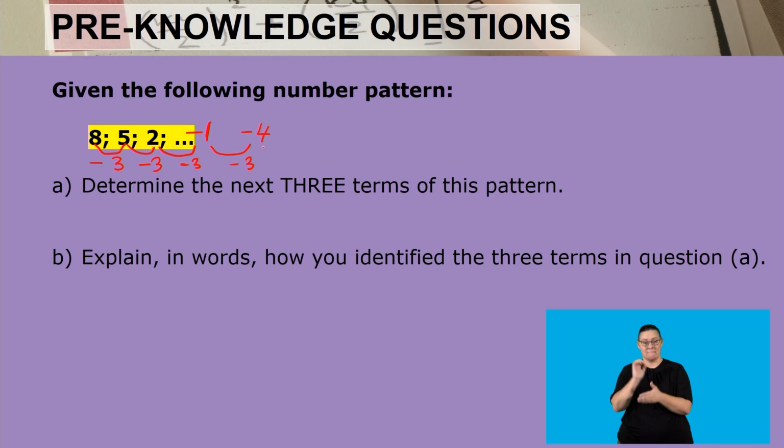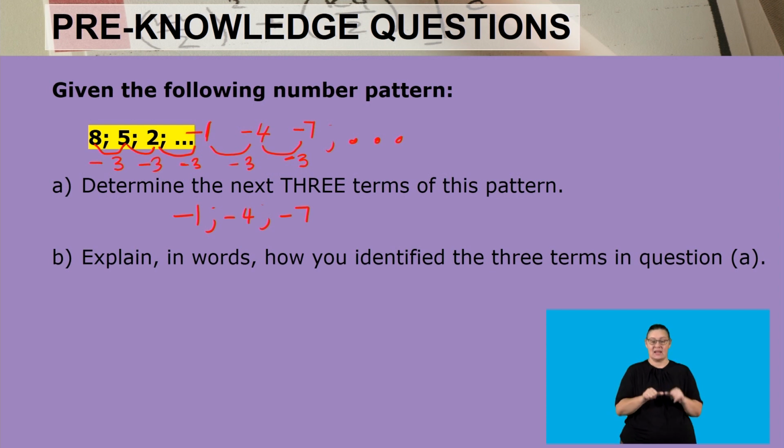And again, we subtract 3 because we are looking for the next 3 terms. So from -4, we subtract 3 again, and that places us at -7. So what are the next 3 terms? That is -1, -4 and -7. We are going to stop there, but of course, this pattern continues.